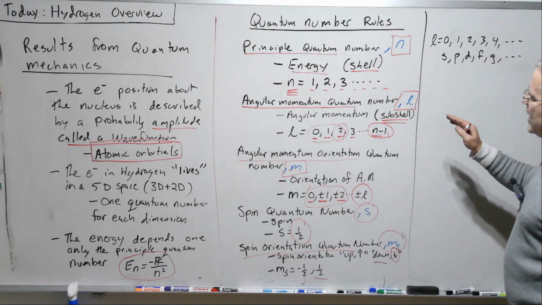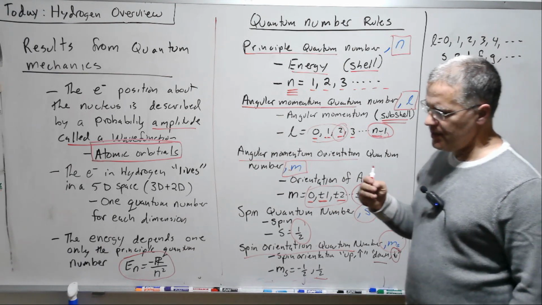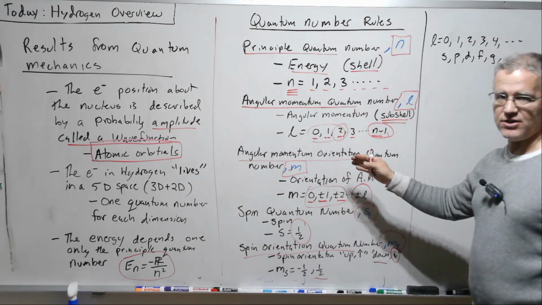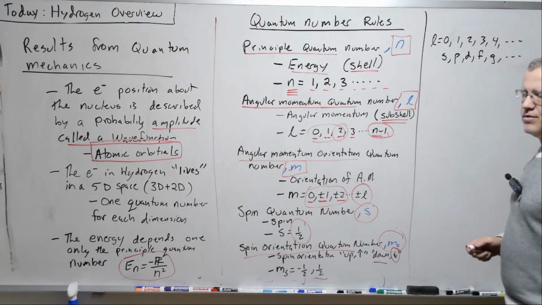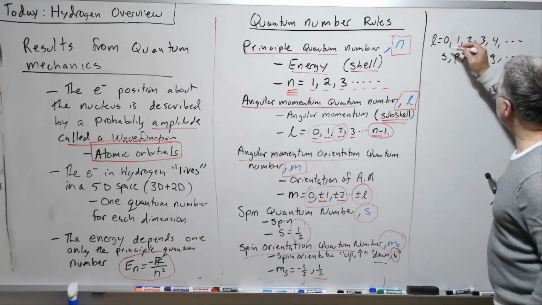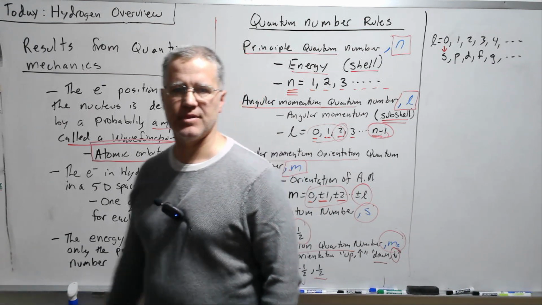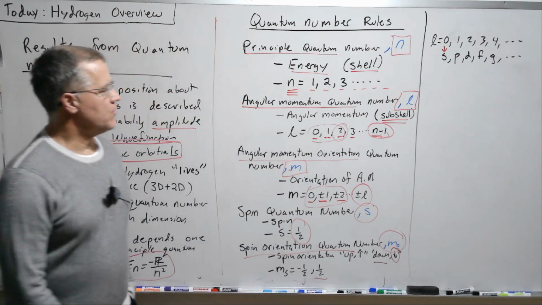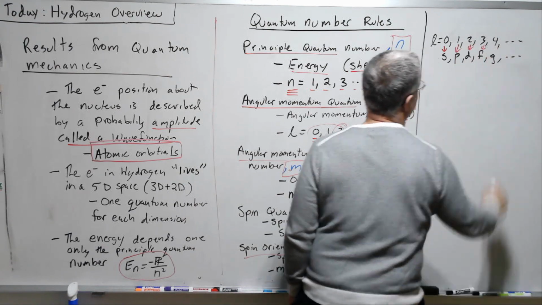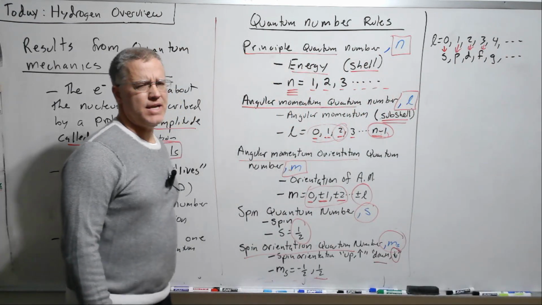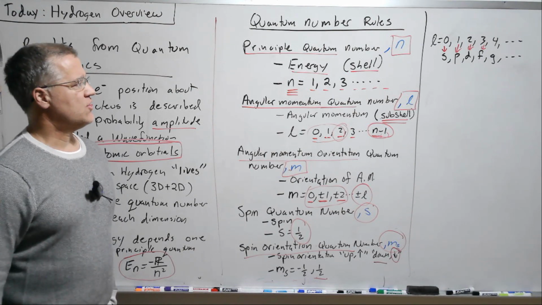Before I end here, let me come back to L real quickly. While L takes on these numerical values in the math, we often substitute letters. If L is 0, we call that an S subshell. If L is 1, we call it a P subshell. L is 2, we call it a D. There is no E. I think mainly because the charge of an electron is E, and then the natural number E, there's too many E's.